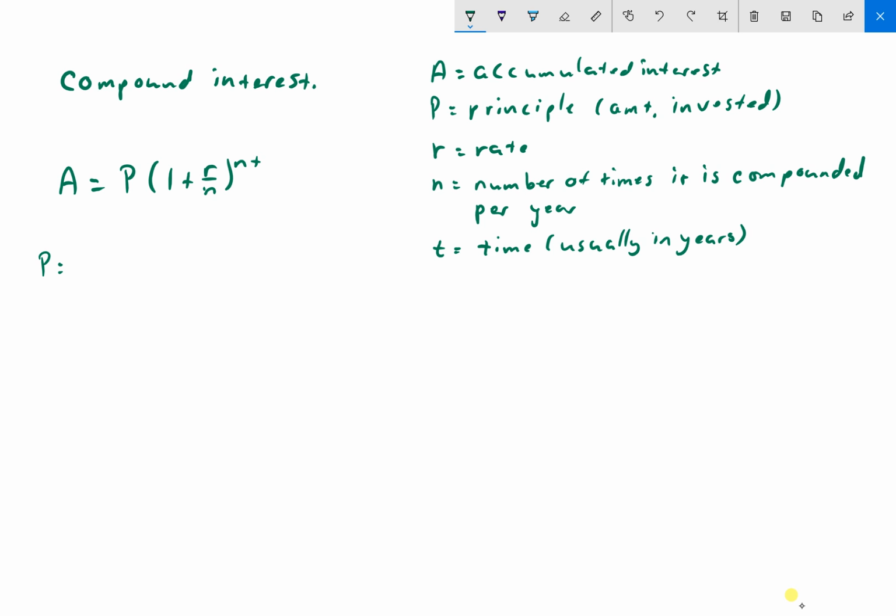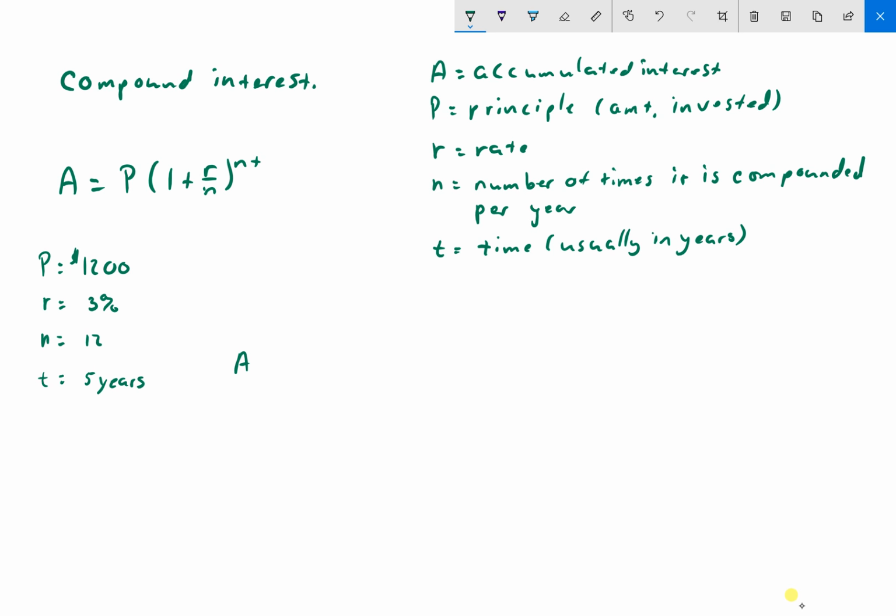Let's say you're borrowing $12,000 at a rate of 3%, and it's going to get compounded monthly, which is bad news for you, and your time is 5 years.